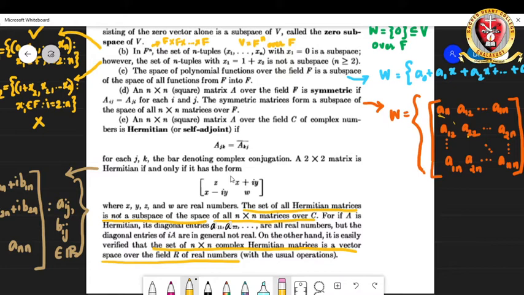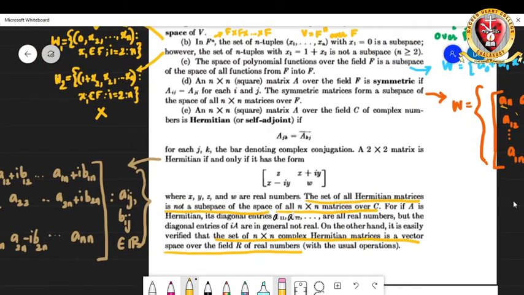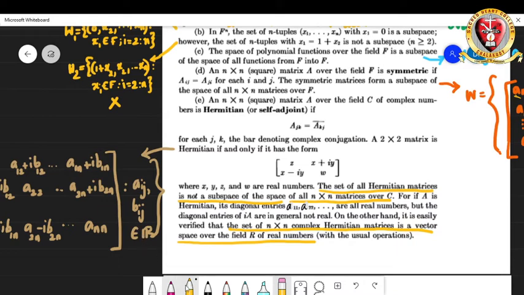If you're thinking about a 2 by 2 matrix, the diagonal entries will be real numbers, and the off-diagonal elements will be, if this is x plus iy, then the corresponding mirror image, not a mirror image, it will be a conjugate mirror image. That will be x minus iy.